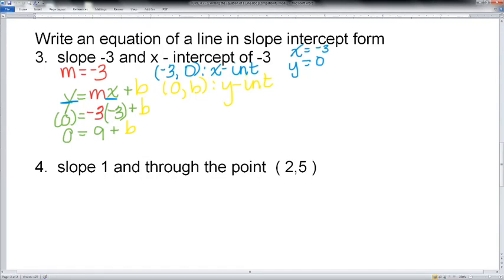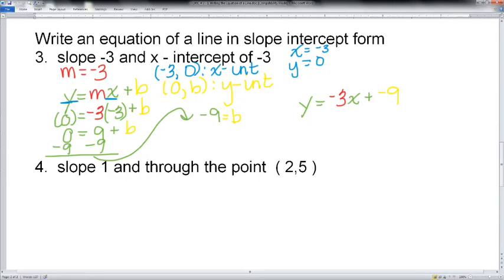And so I'm going to subtract 9 from both sides, and I'm going to get b is equal to -9. And so now I can go ahead and put my formula together. So I have y equals my m, which is -3, x plus my b, which is -9.